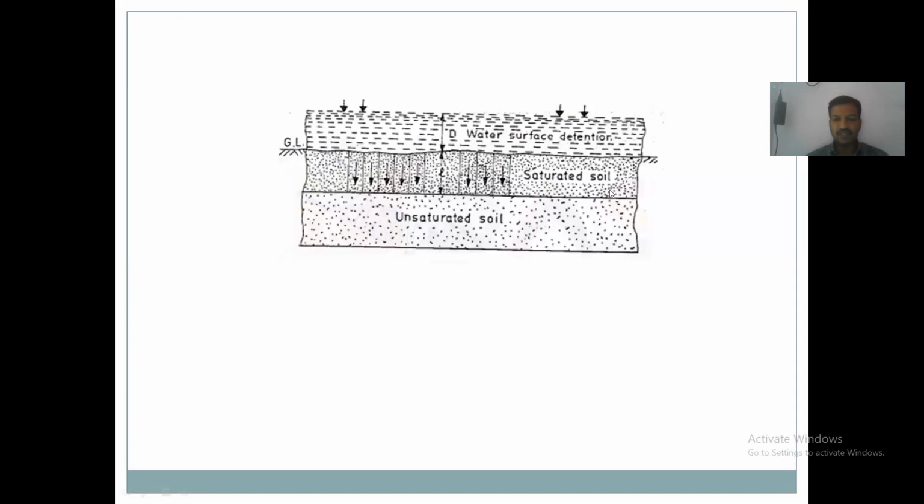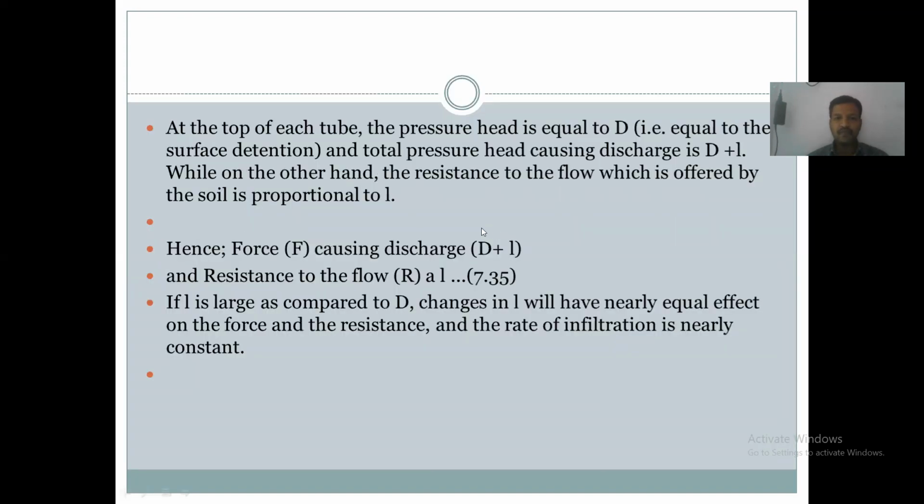One of the layers is saturated soil at the top layer of the soil. Below that, the unsaturated soil layer is there.